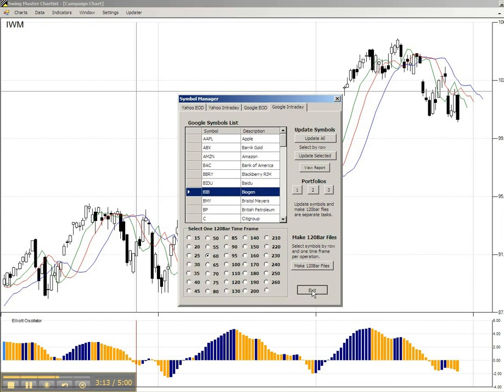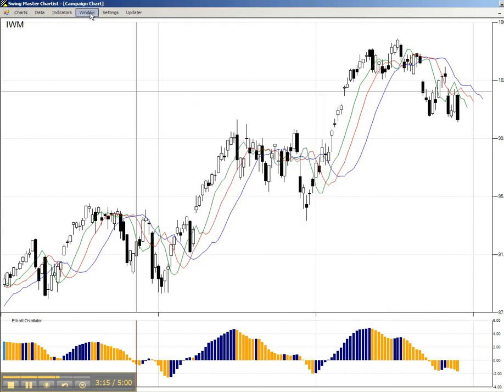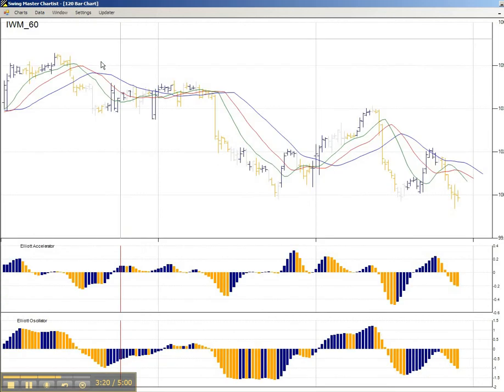So we were able to get a 60-minute chart that we put in our 120 bar chart window, and we always want to get about 120 bars from the last pivot to the current bar.